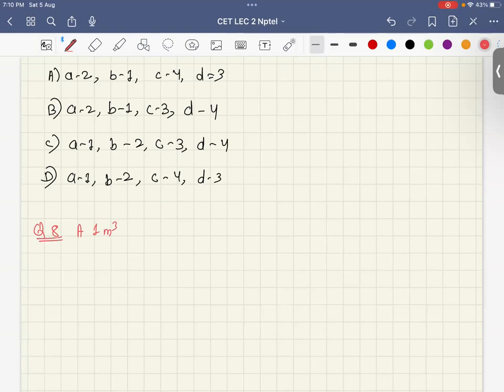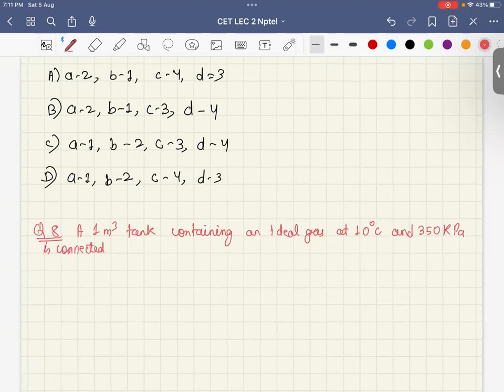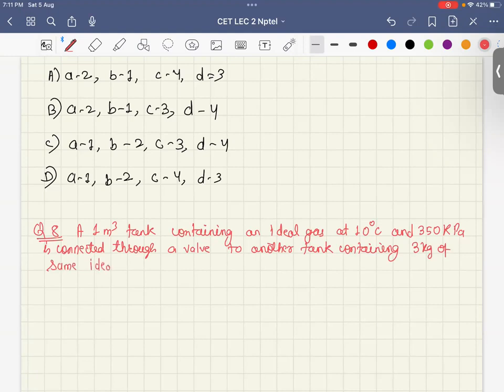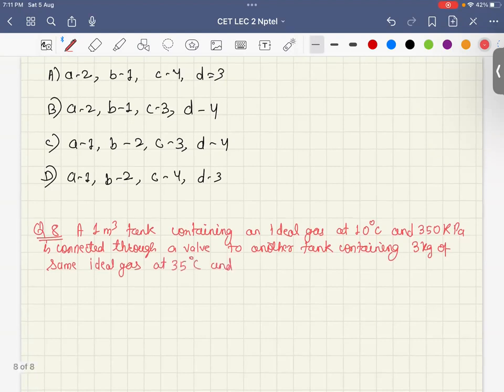What we have is a 1 meter cube tank containing an ideal gas at 10 degrees centigrade and 350 kPa, connected through a valve to another tank containing 3 kg of the same ideal gas at 35 degrees centigrade and 200 kPa.